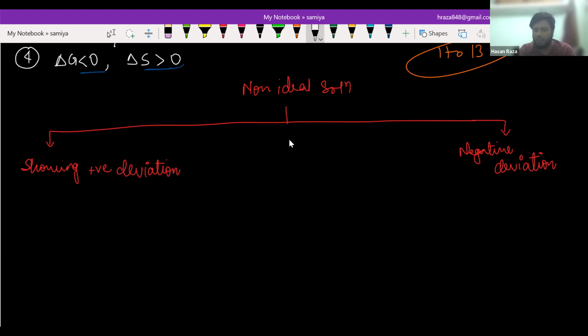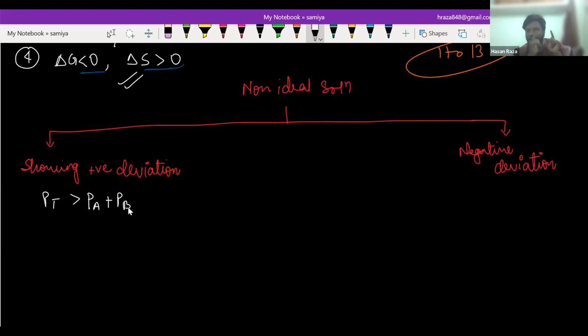So there are conditions for that. In this case, non-ideal solution, delta not equal to 0, and not equal to AB interaction. Here, non-ideal solution showing positive deviation will have PT, that means total pressure, greater than partial pressure PA plus PB.